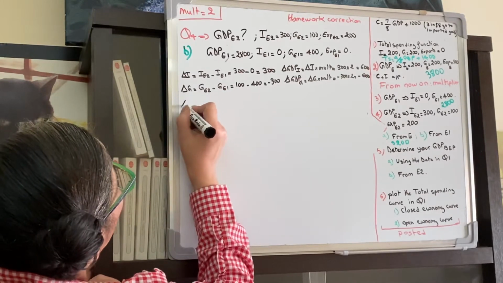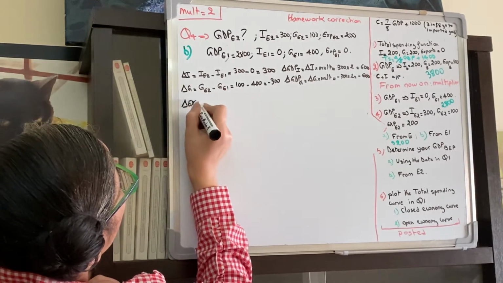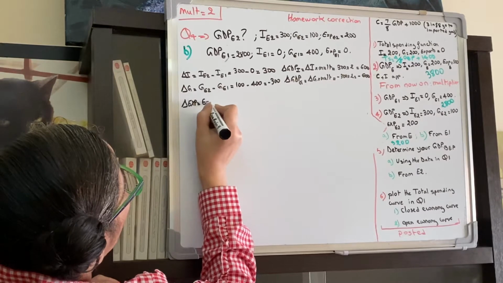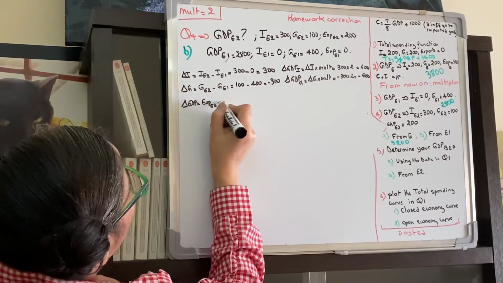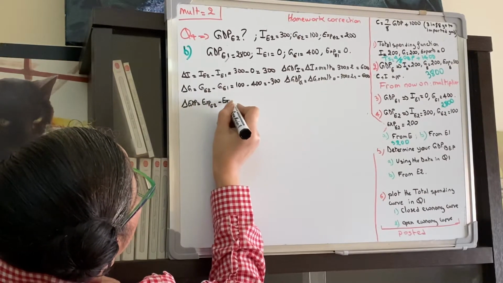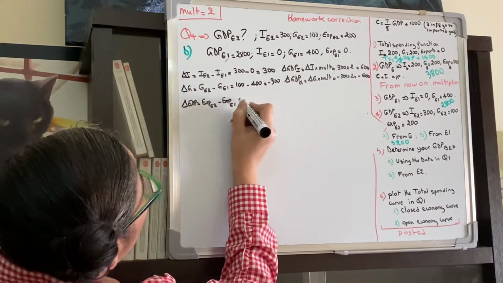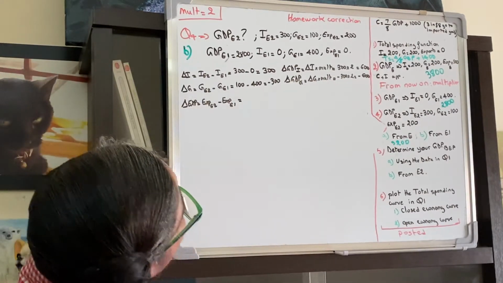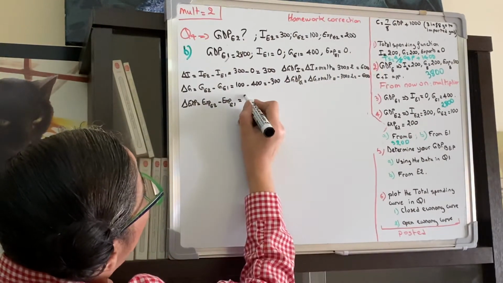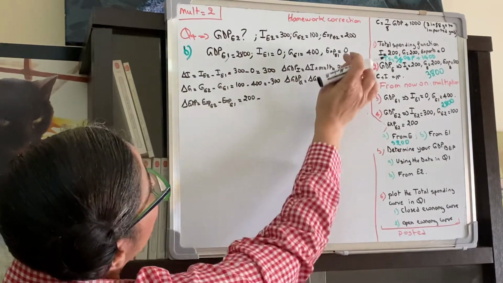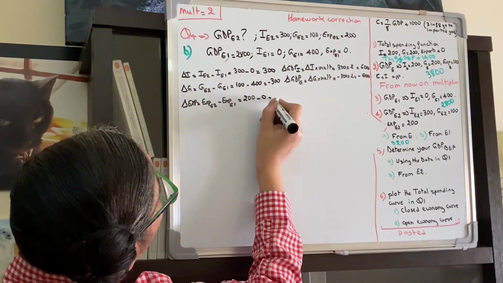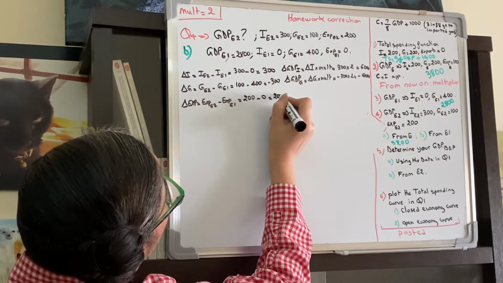Now delta exports is equal to exports at E2 minus exports at equilibrium 1, which is equal to exports at E2, that is 200, minus whatever exports I had, that was 0, which is equal to 200.